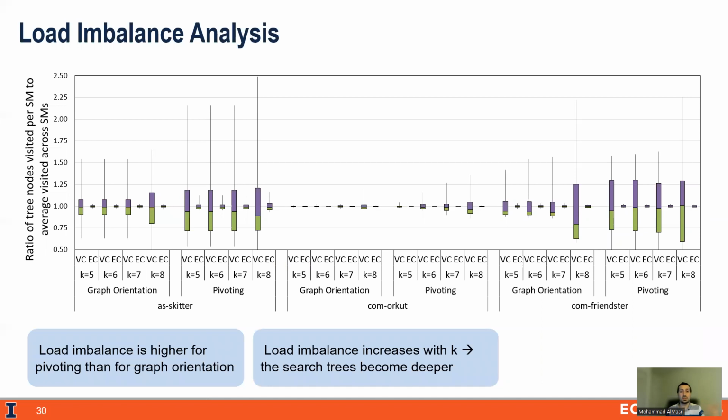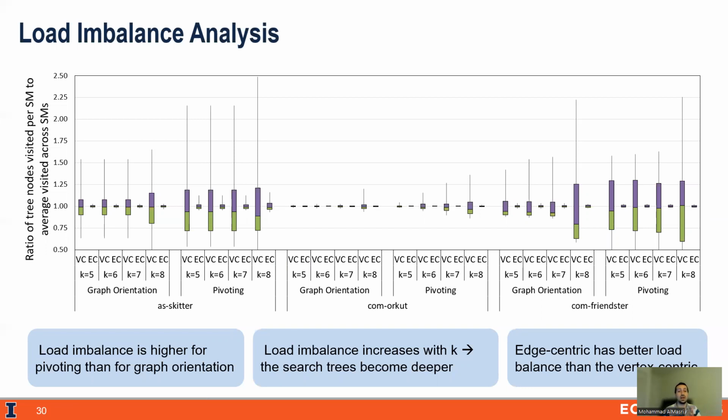Also, load imbalance increases with K, again because we have to go deeper, and this will exacerbate the load imbalance. But for different K values, pivoting with edge-centric seems to be a sufficient solution to improve load balancing for K-Clique counting on the GPUs. And we have more details on this in our paper.